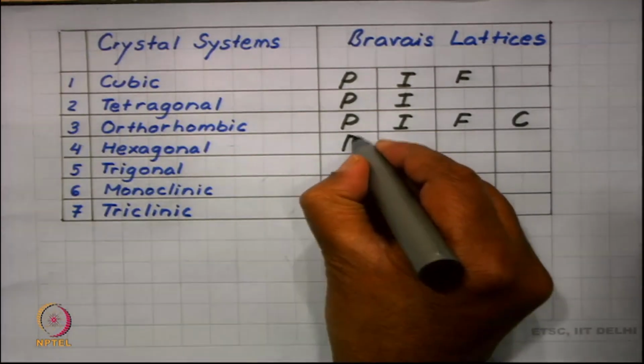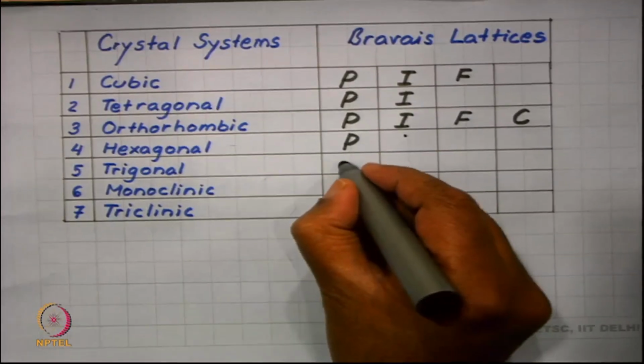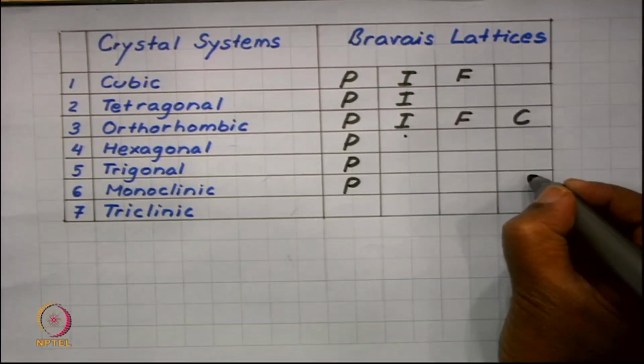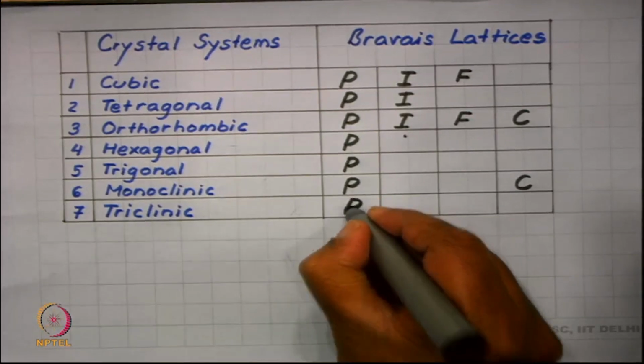We have hexagonal P, and that is all. We have trigonal P, we have monoclinic P and monoclinic C, and we have triclinic P.